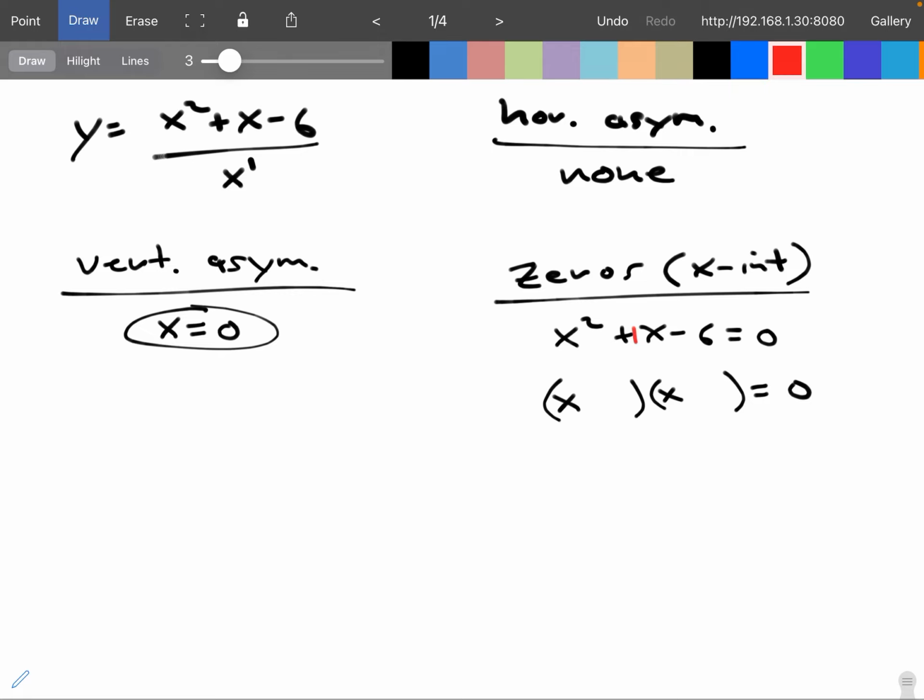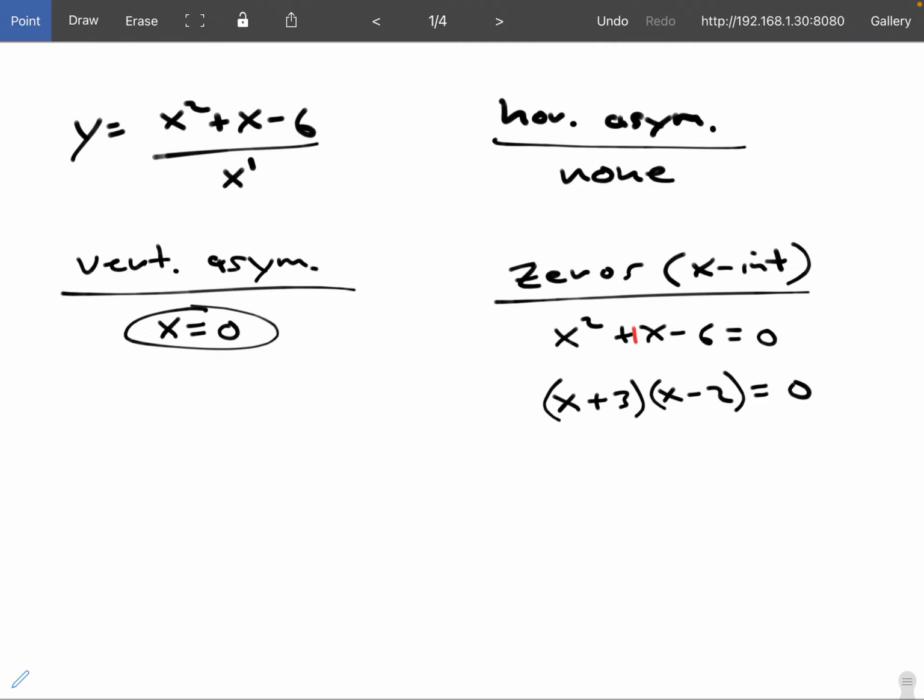What two numbers multiply to -6 and the same two numbers add to +1? Excellent. So +3 and -2. If we multiply those together, they multiply to -6, but if we add them together, we get the +1 in the middle term.